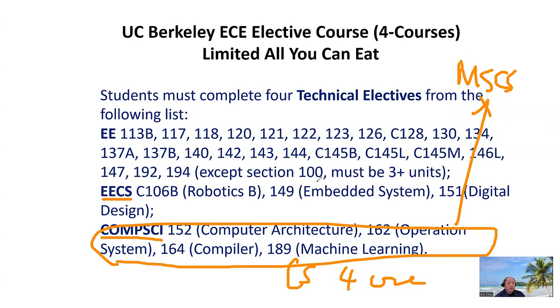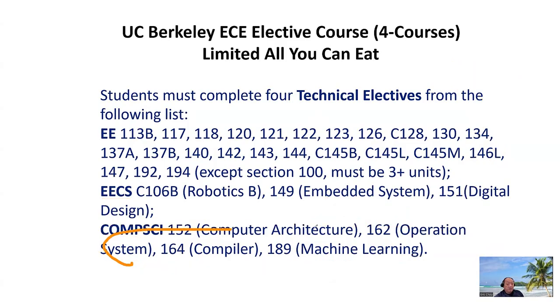So this keeps open the possibility of still going to MSCS at Stanford if you pick these four limited courses. We usually suggest this, and also 133 Networks.